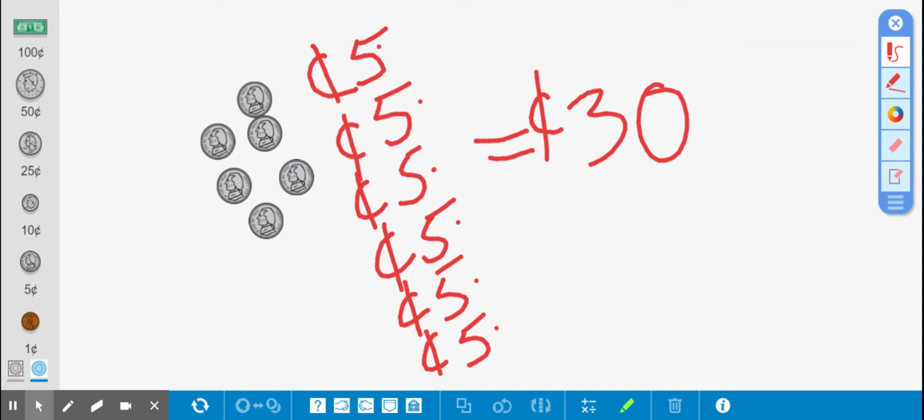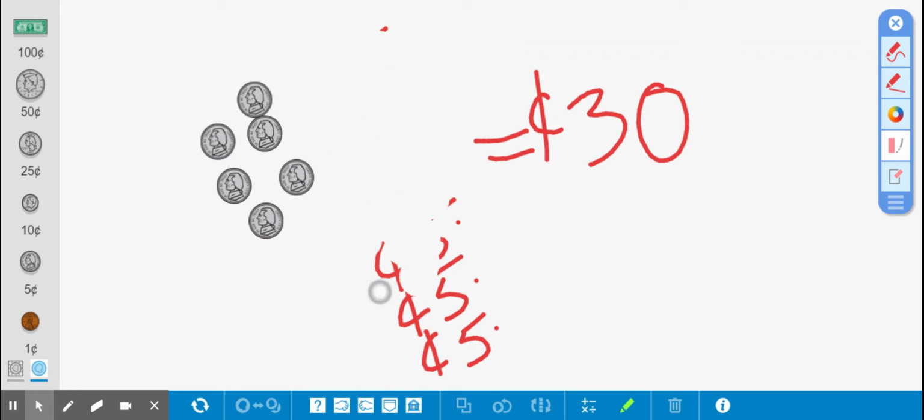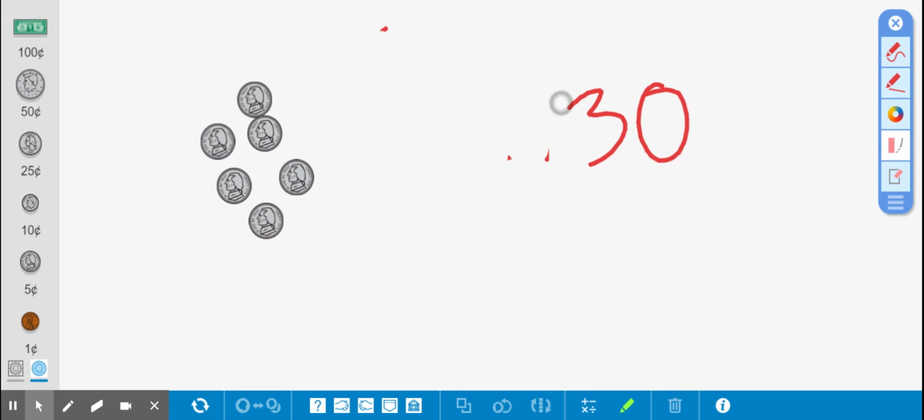But once again, we're not going to refer to these coins as being whole numbers. They are actually representing portions of a dollar. So let's get rid of this. And I want to show you how we would express this as an algorithm, an expression of how much money is here. We would now begin representing it like this mathematically.